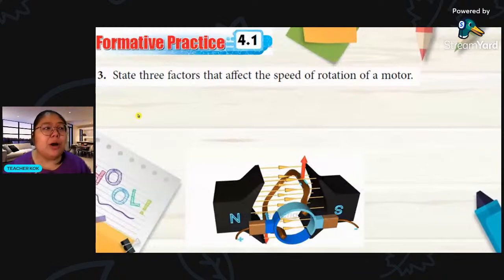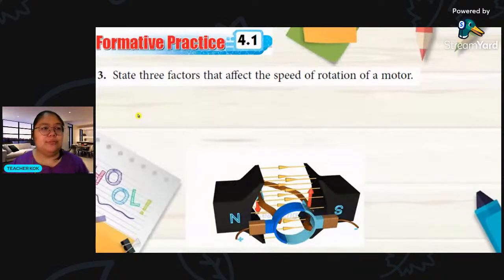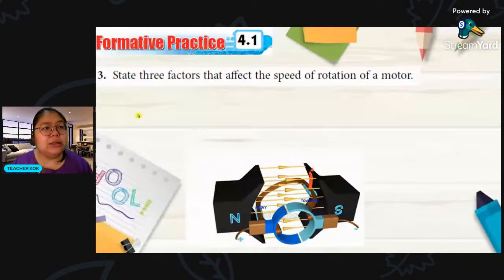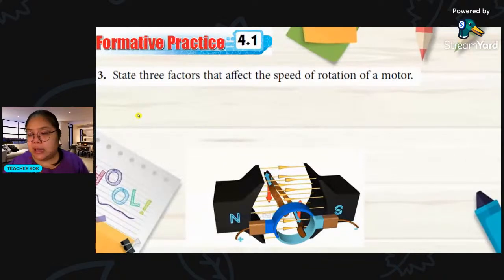Number two, you tell me what the answer should be. Anybody here? First is the current. Number two. I want to see whether the students follow the lesson or not. This was already mentioned, the factors to make the rotation speed higher. First one is the current. Then some more.